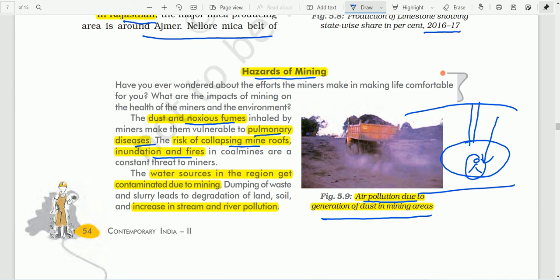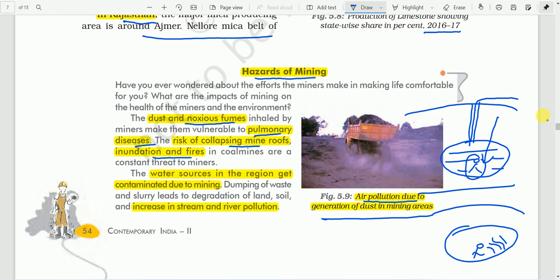Sometimes through this hole flood water may enter and the tunnels may be flooded, that is inundation. That also leads to the killing of the people. And sometimes when there is mining in the tunnel, fire may break out, again killing the people. So these are the important hazards of mining.